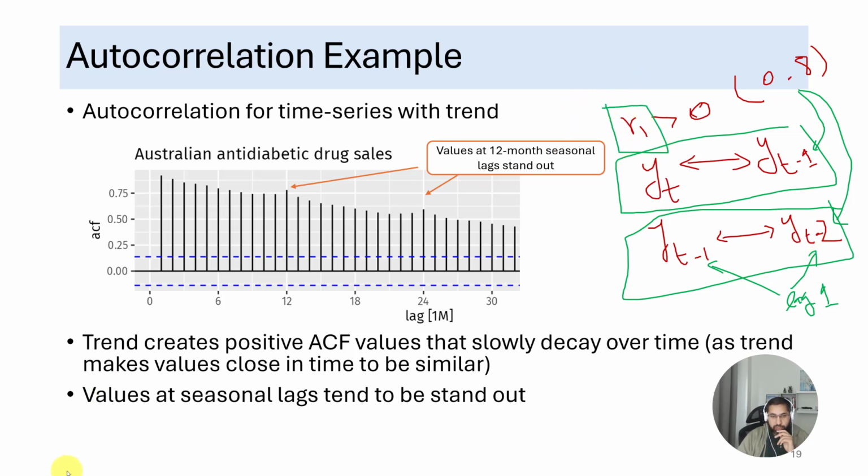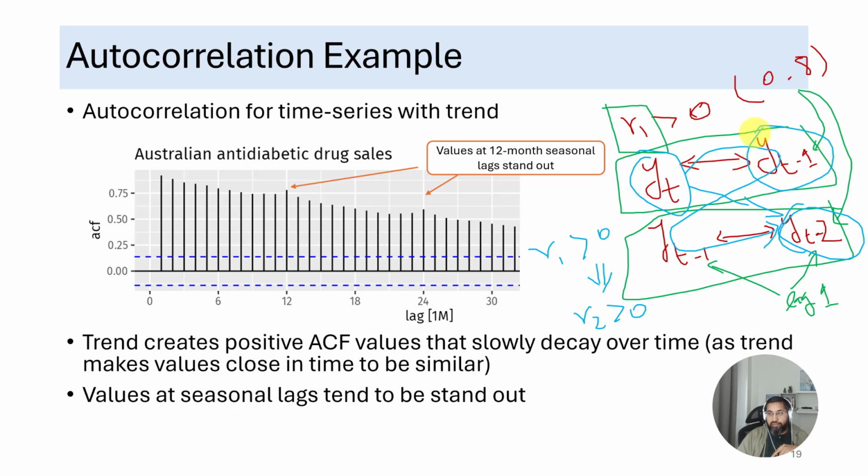If only R1 was positive, not even looking at R2. So what that means is that YT is related to YT minus 2 through YT minus 1. So there is a relationship between YT and YT minus 2. So if there is a correlation at lag 1, this correlation itself will create a correlation at lag 2. So R1 being positive will tend to affect R2 to also be positive.